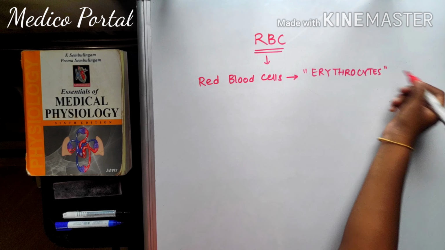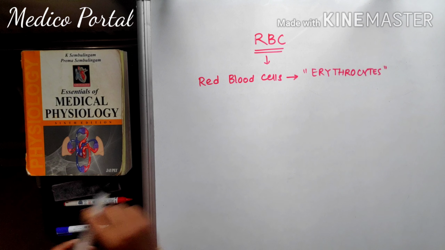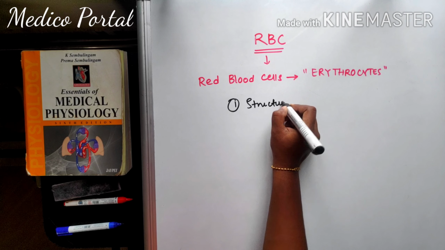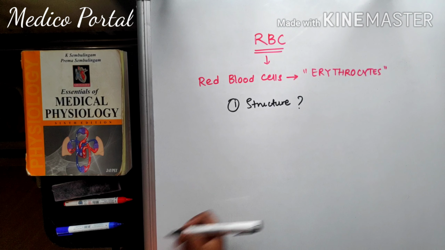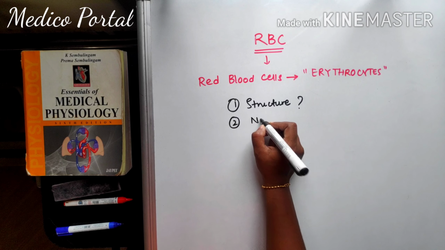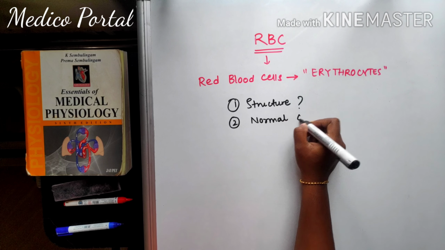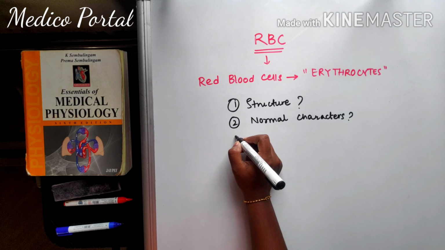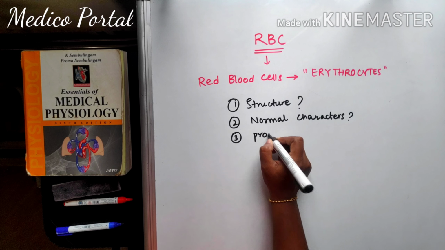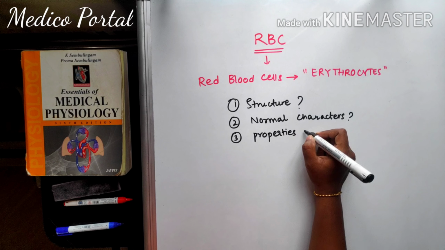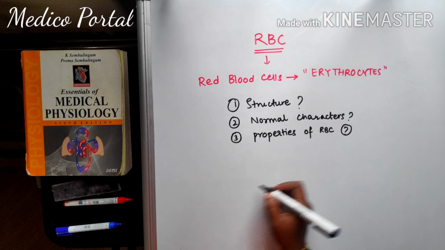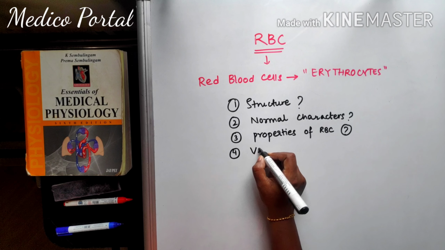In this topic today, we are going to learn some important points about RBC. They are the structure of the RBC, like its sizes and shapes, and the normal characters, which include the normal value and the properties of the RBC, which are very important and may play a main role.